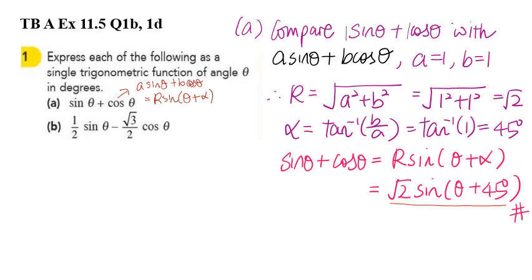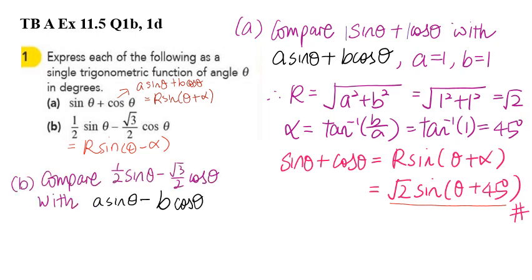Right, so for B, if you remember, we will have to compare this with R sine theta minus alpha. Then A will be half, B will be square root 3 over 2.